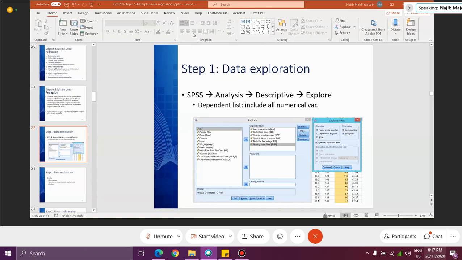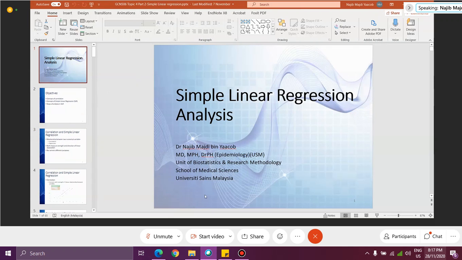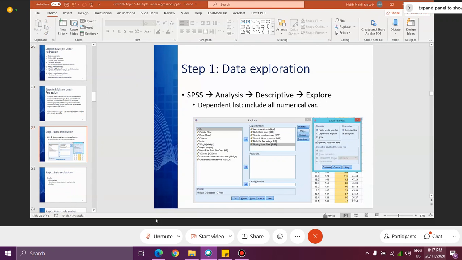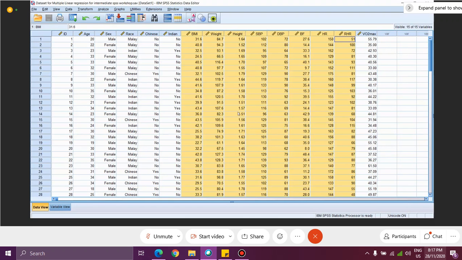Okay, so now we are looking at the association between... Okay, so this is the data set.